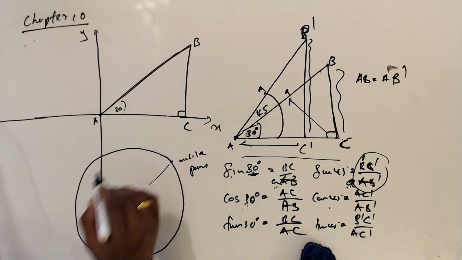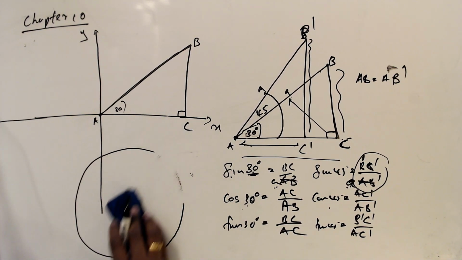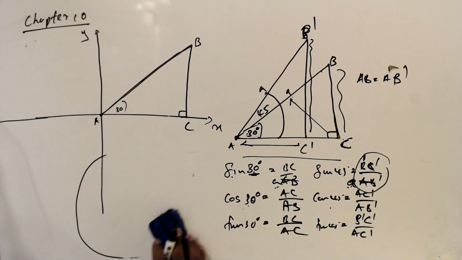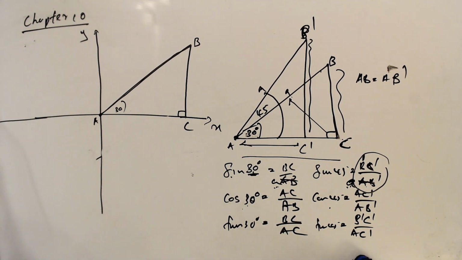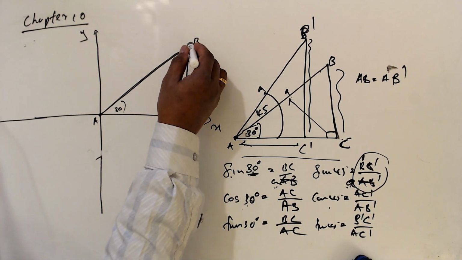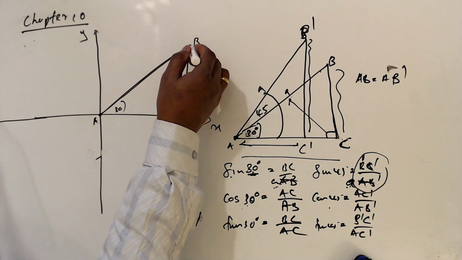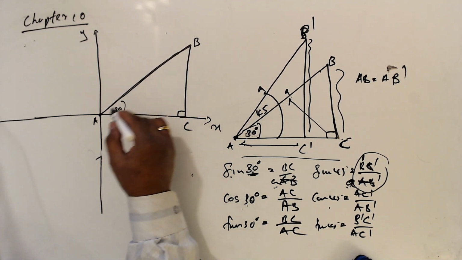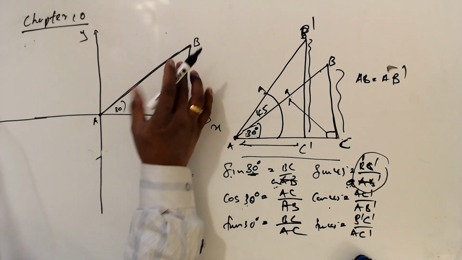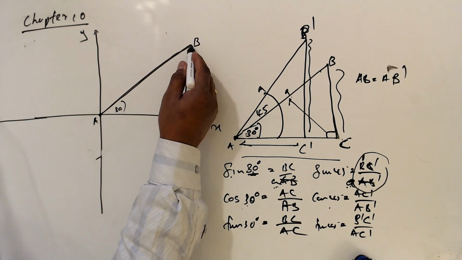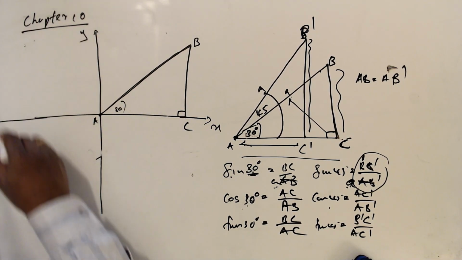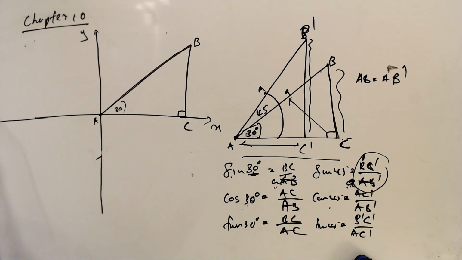It is a circle, right? But in this trigonometry, we are not going to learn about circles. It's just to get an idea what will happen if I move B keeping the AB distance same, with A fixed. What kind of path are we going to get? It looks like a circle.